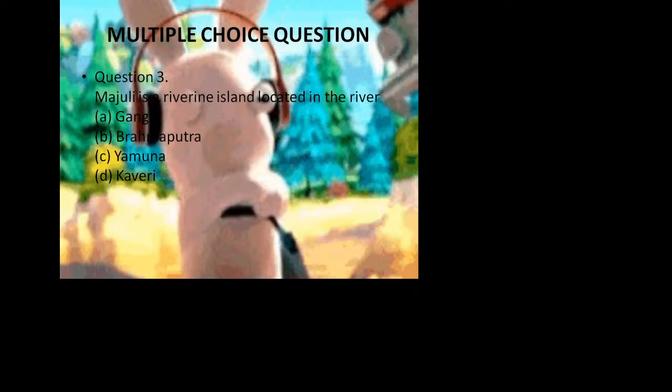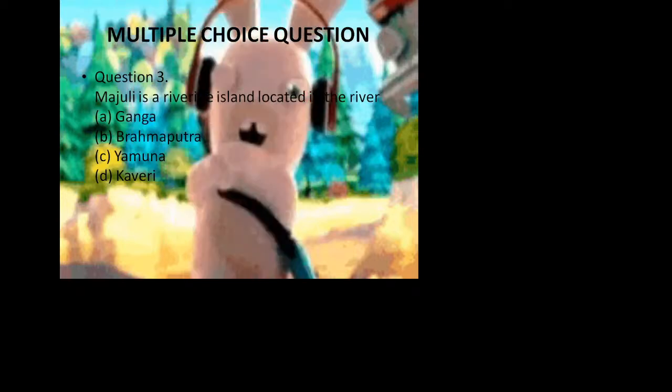So the answer for this question is Kaveri. Now let's move to the next question. My next question is, Dudhwa National Park is located in the state of Assam, Uttar Pradesh, Madhya Pradesh or Rajasthan.